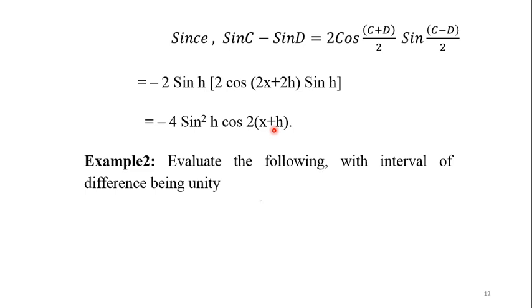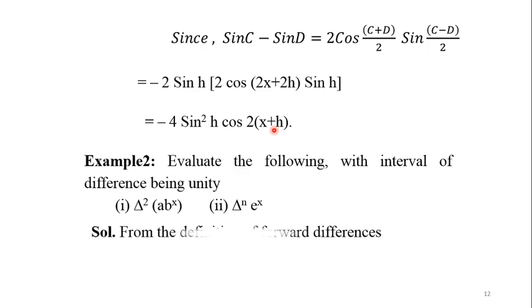Similarly, you can try the second example. The only difference is that you will have to take the common difference as 1, that is h equal to 1 is the interval of differencing. From the definition of forward difference, again using the concept, delta of f(x) equals f(x plus h) minus f(x), with h equal to 1.